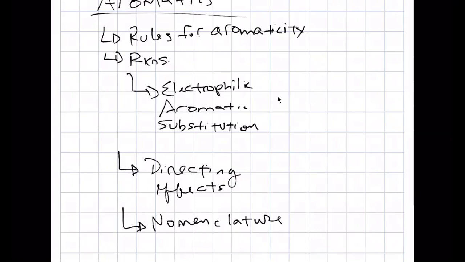So nobody has any questions about anything that we've done. So today we're going to start looking at some of these reactions of aromatics.